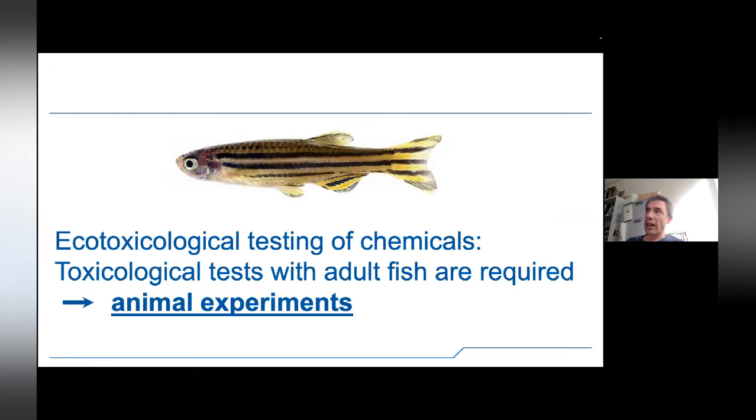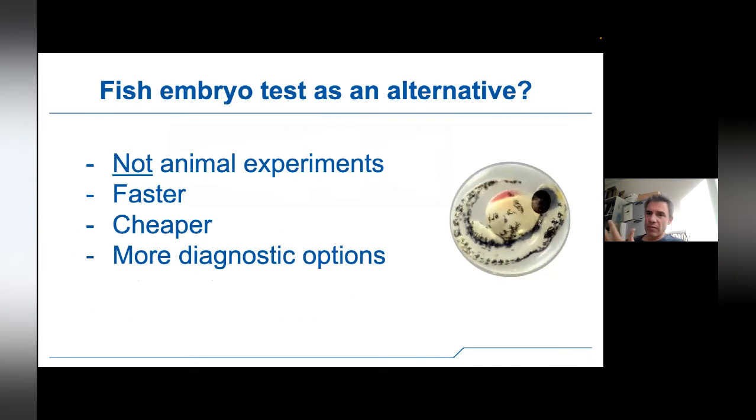And actually you're required to do tests of chemicals with adult fish, but these are animal experiments, and this raises the question, why not use fish embryos as an alternative? Because they are not considered as animal experiments. They are faster, cheaper, and there are lots of diagnostic options in the embryo.